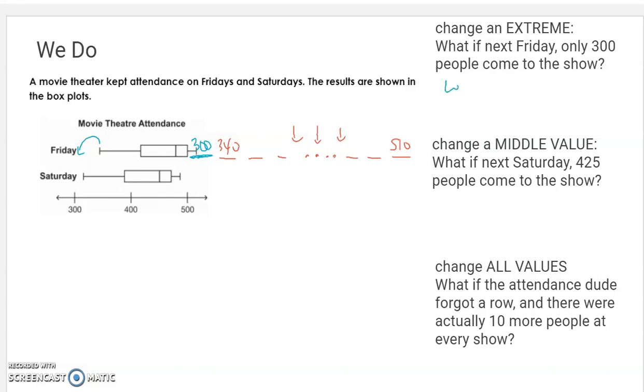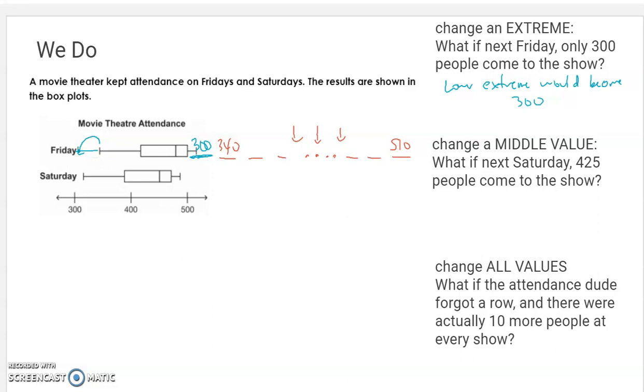So if that happened, the lower extreme would become 300. It would change the graph quite a bit. You'd have to add a new point out here. Everything else might move a teeny little bit, but that would move quite a bit. That's the thing we know would change the most.